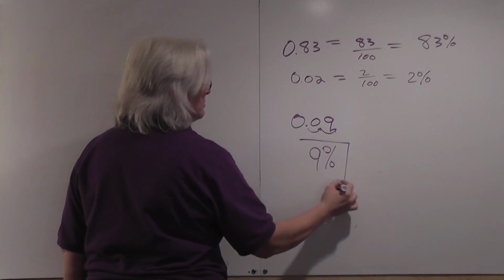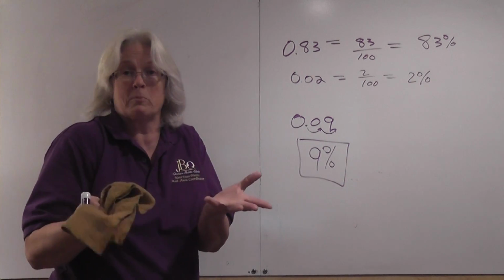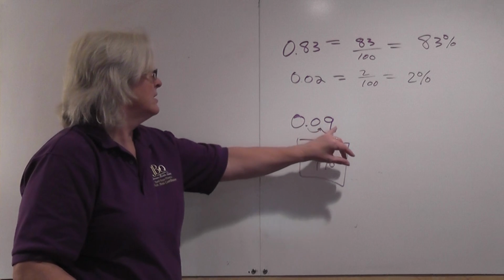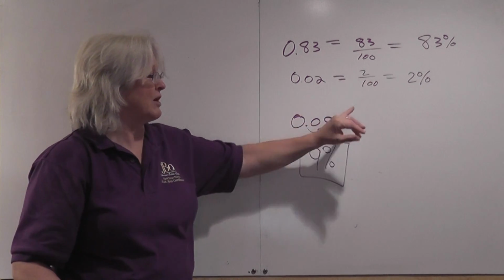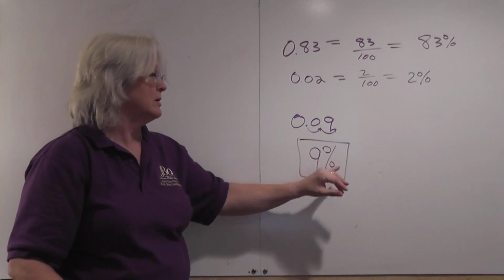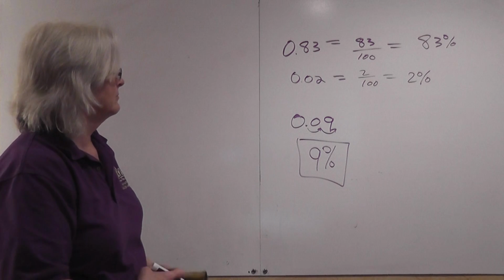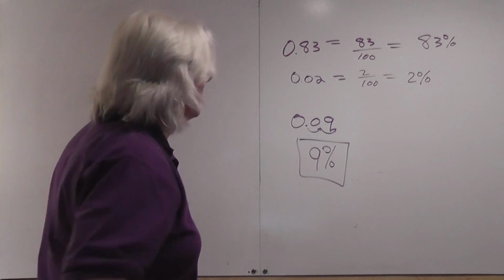Add your percent symbol. And that makes sense as long as you understand percent, you can automatically check these. 9/100 can be written as a fraction 9/100. Because it's written 9/100, we have 9%.